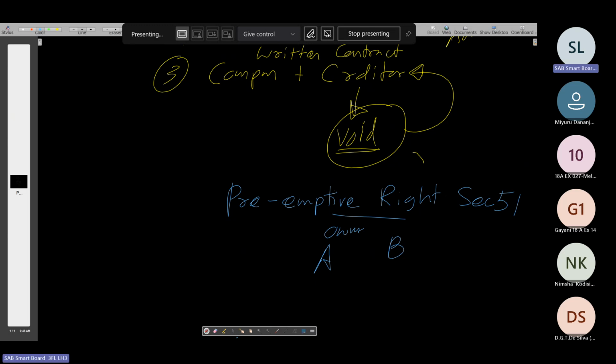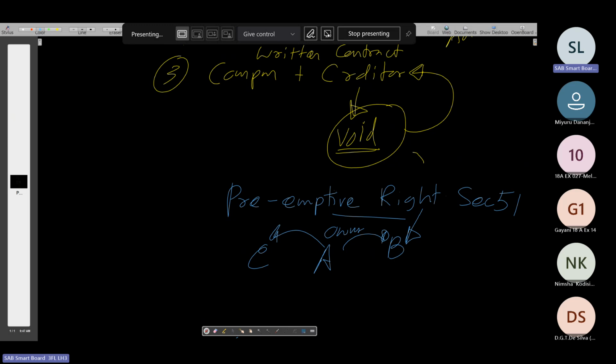If B has a preemptive right over the property of A, then before A sells this property to a third party, the first choice must be given to B. If B refuses to purchase it, then A can sell it to C. So this right given to B is known as preemptive right. A is the owner, but that particular right in relation to the property owned by A is given to B.